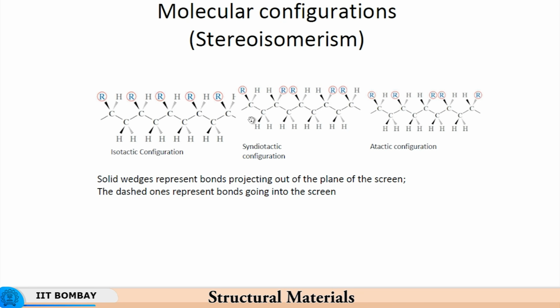Here you have R and R, between that you have 2H. So similarly you will have R and then 2H and again R. So this is called syndiotactic configuration, whereas in atactic configuration you cannot identify such definite patterns in which the functional groups are arranged with respect to the carbon atoms and the neighboring hydrogen atom.